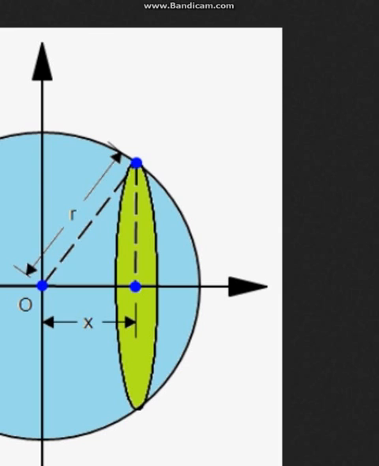I have taken a portion of my solid chocolate sphere and cut a little slice out of it, and you can see the right triangle I'm talking about. It's r units on the hypotenuse, x units on the base, and y units up. So that's what I'm trying to show you there.